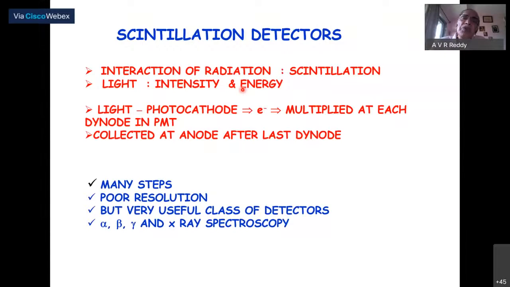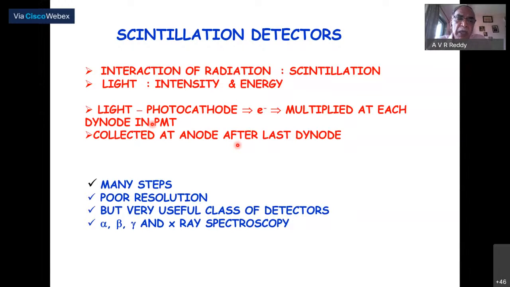So it is useful to get information on both the energy of the radiation and its intensity. Light falls on the photocathode, and the photoelectric effect takes place. An electron is produced, and an arrangement is made to get multiplication, so signal enhancement takes place, and that is collected at the anode after the last dynode.